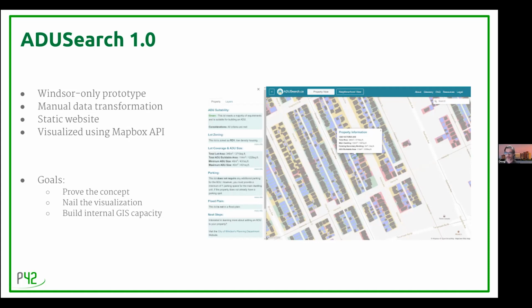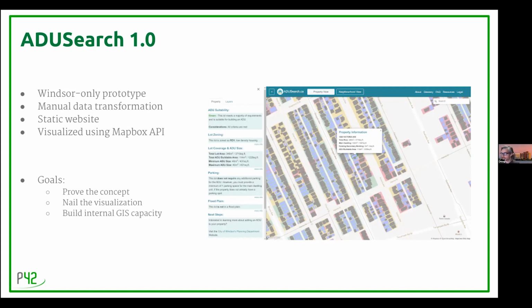There are no return trips back to the web server. That limits what we can do in some cases, and it definitely imposes some challenges on us, but it has a lot of advantages, and some of those we'll get to when we talk about scaling this project. But I did want to call out that it was a static website.